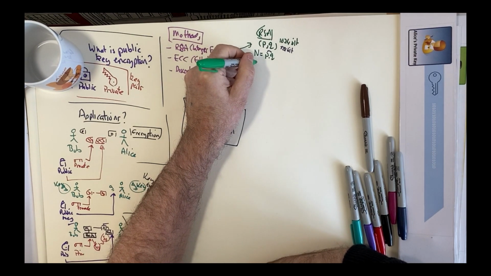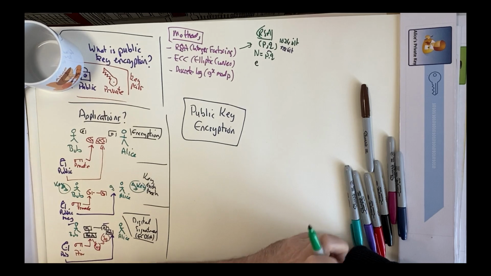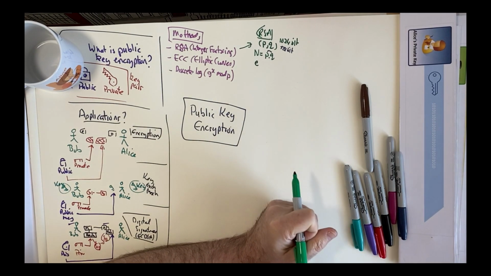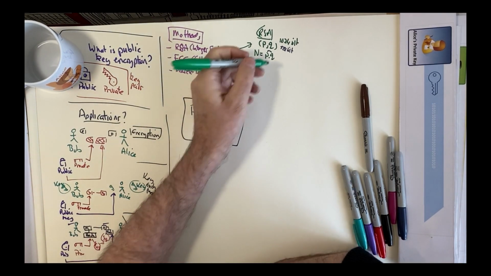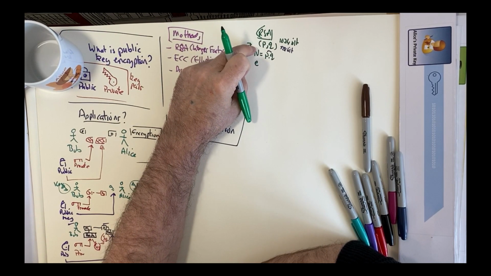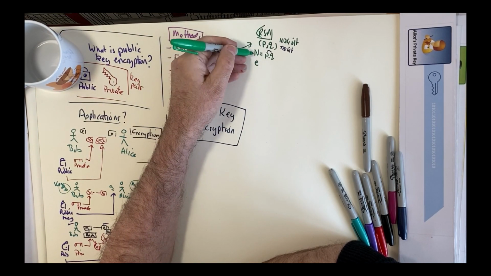And then what we do is define a public exponent value. I'll explain what that really means for the encryption. And basically the exponent value should not share a factor with the modulus.